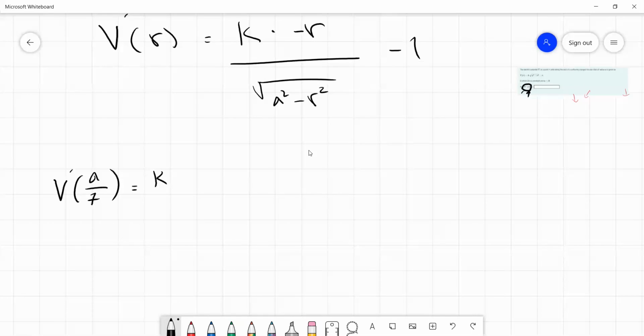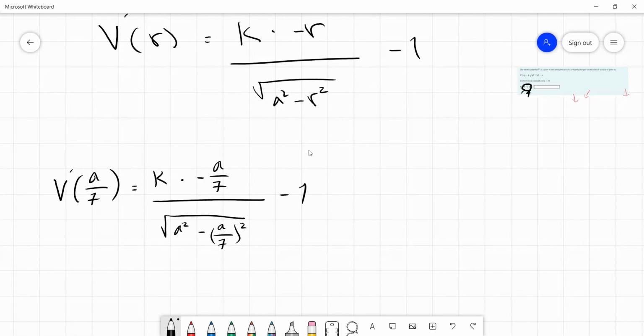So this would be k times negative a over 7 divided by root of a squared minus, again, r, so we replace this by a over 7 to the power of 2, because it's r to the power of 2, and minus 1. And then we must simplify this.